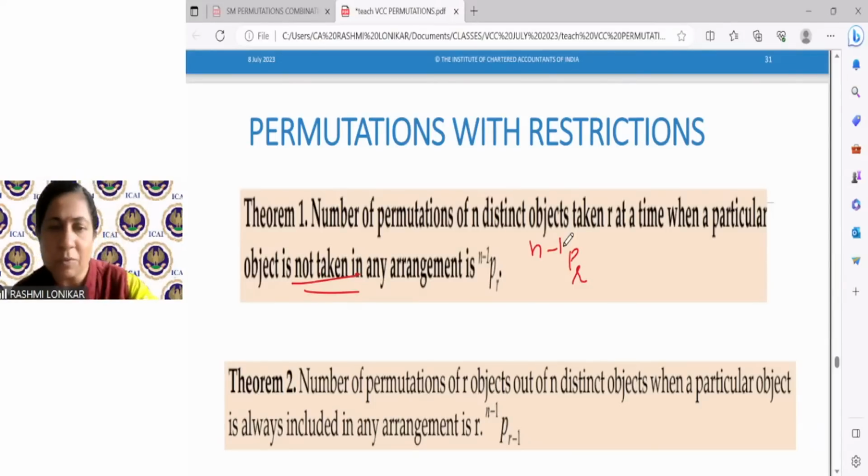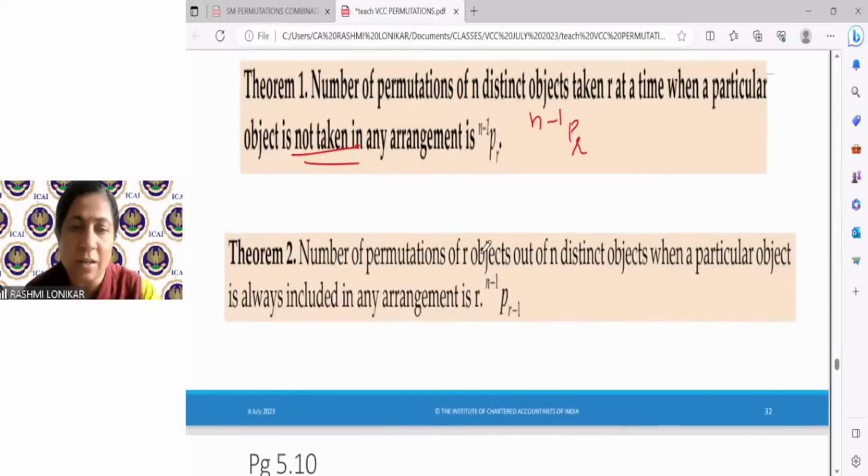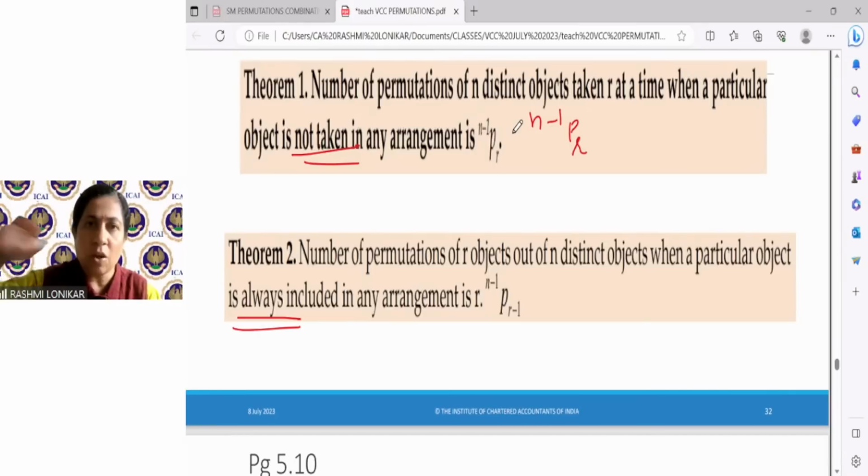The second type is the number of permutations of r objects out of n distinct objects when a particular object is always included. See here, in the first case I'm excluding that object, so my options are limited to n minus 1.